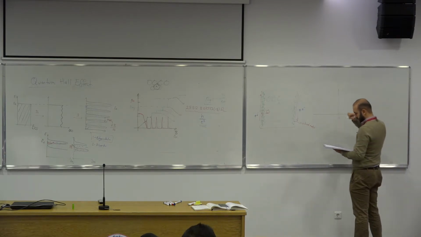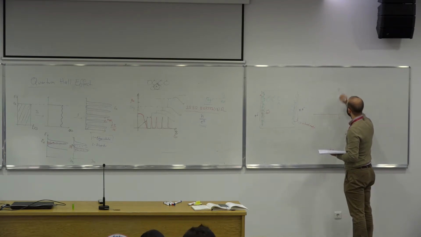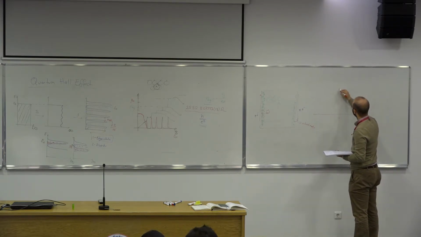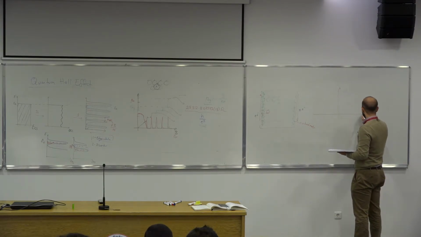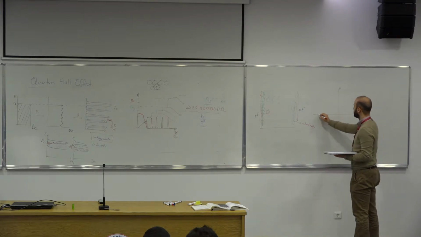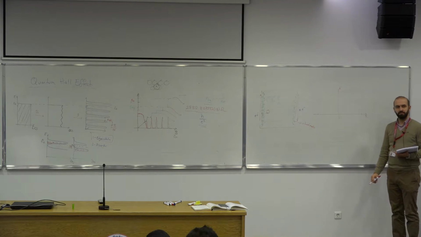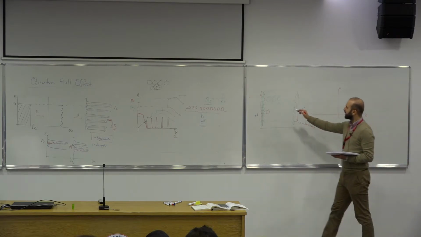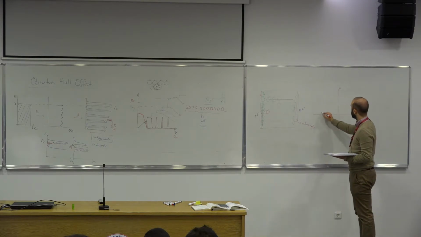Now, I would like to draw the potential distribution, let me say E, with respect to position x. And these are the boundaries of my system. So when I look at the middle part, I'll have an equipotential.